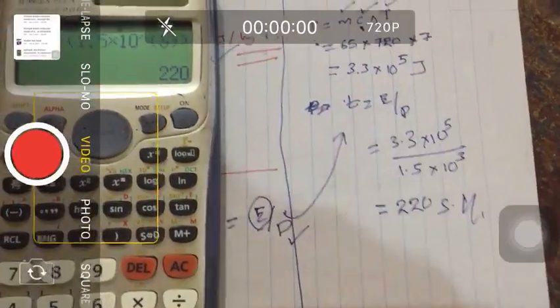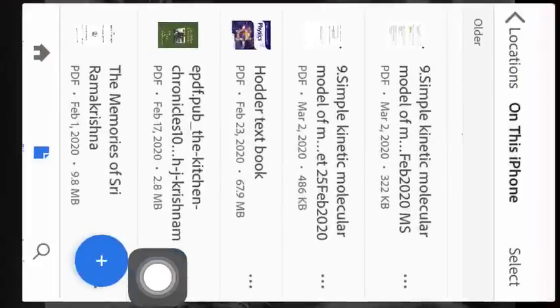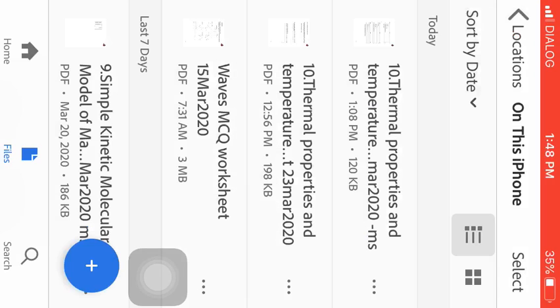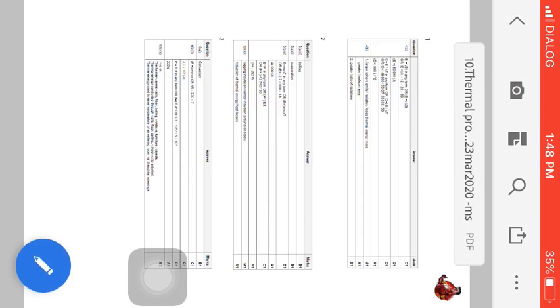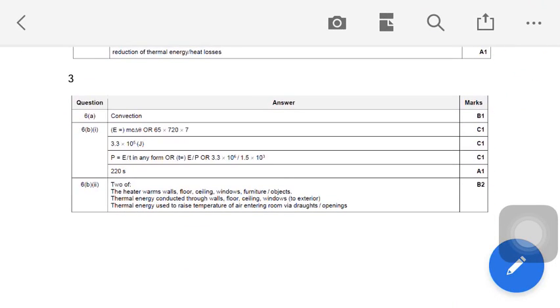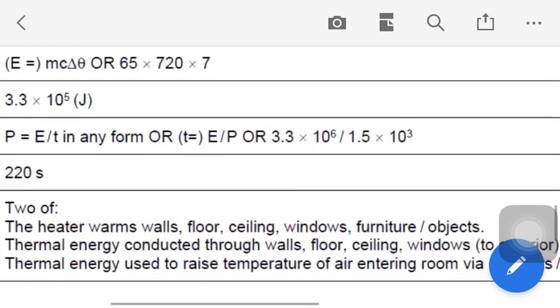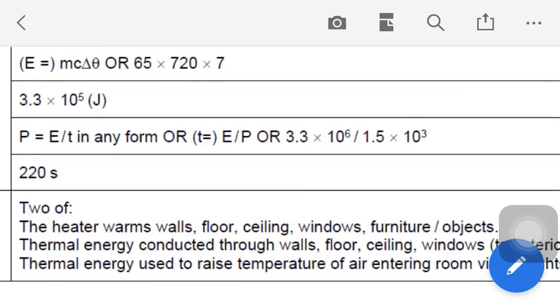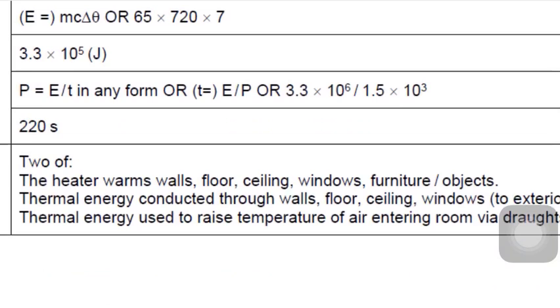Okay, so there's just one issue here, that is in the mark scheme.